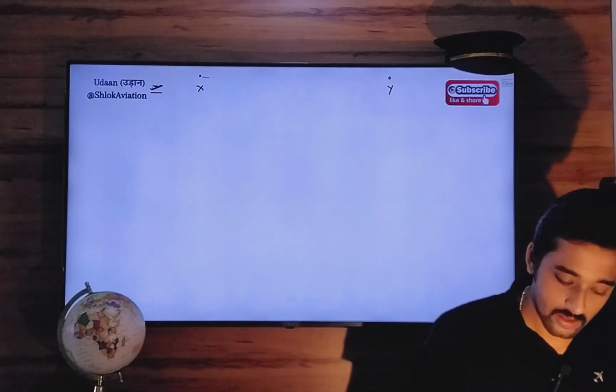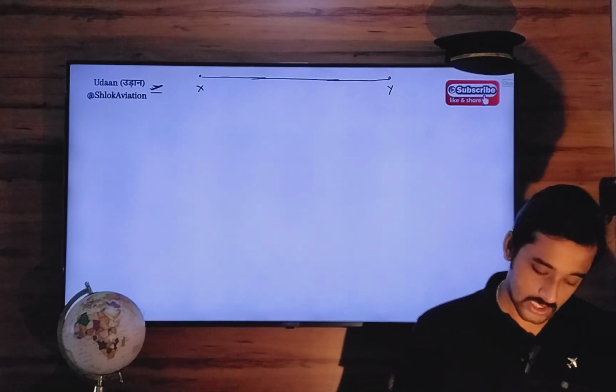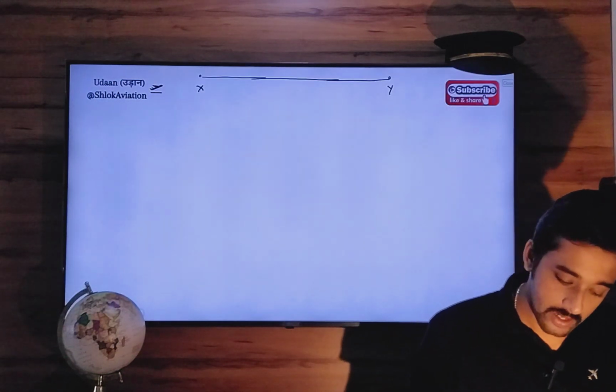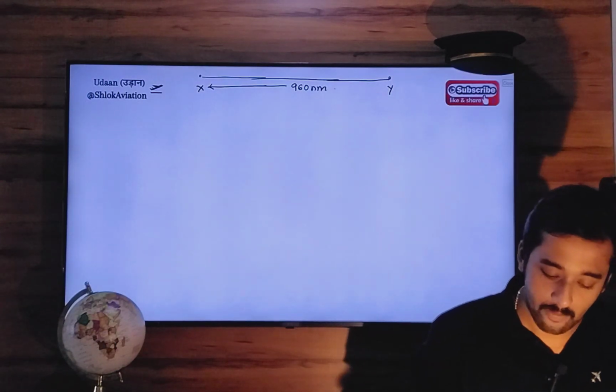So very important question. Here is, let's say, position X, position Y, this is XY. The total distance between them is 960 nautical miles apart.